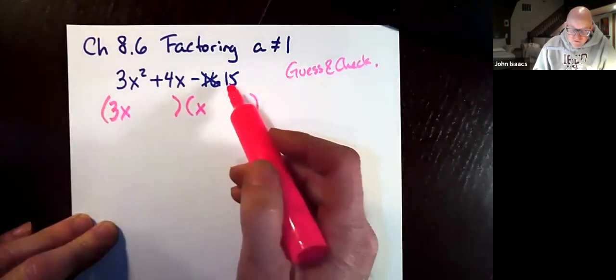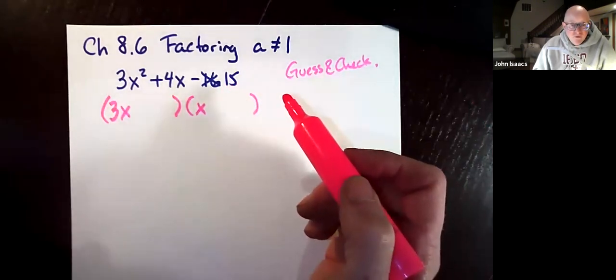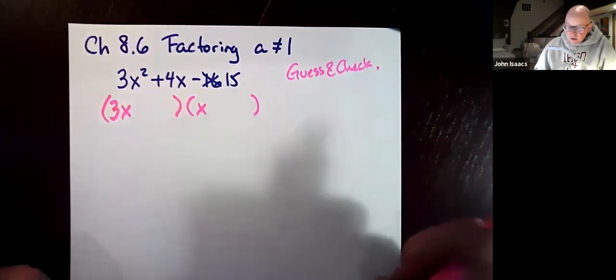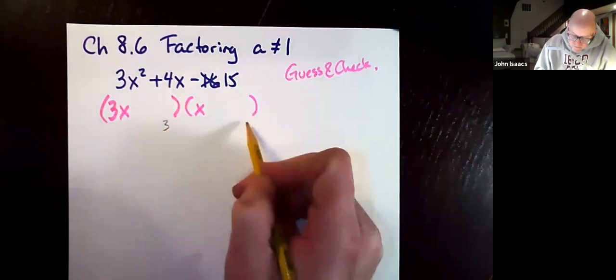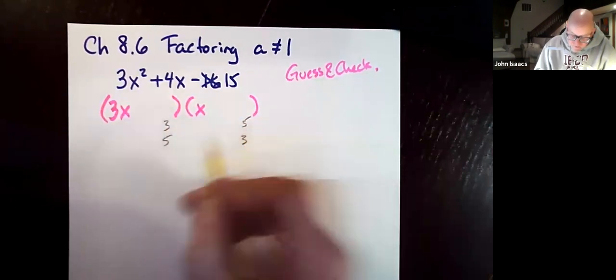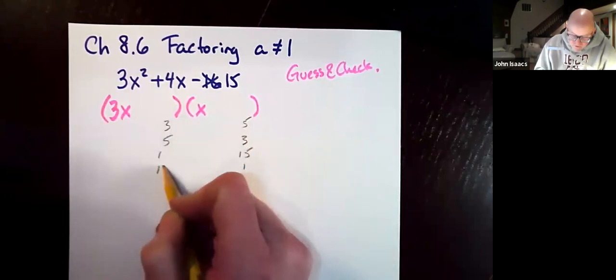Then over here with the 15, I know we're going to either have a 1 and a 15 or a 3 and a 5. So we might try a 3 and a 5 here, or a 5 and a 3 here, or a 1 and a 15, or a 15 and a 1.